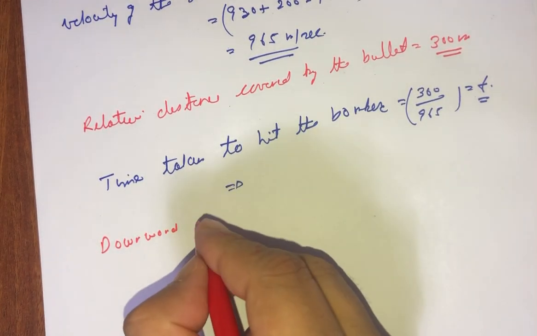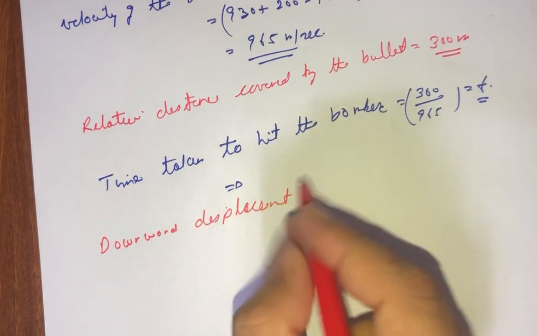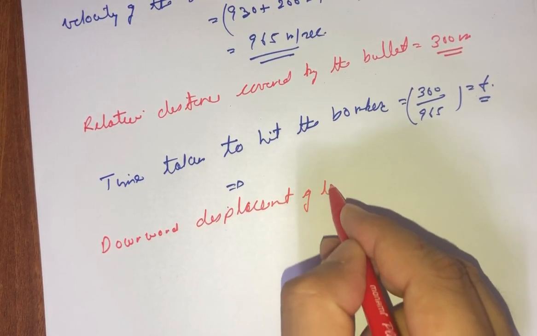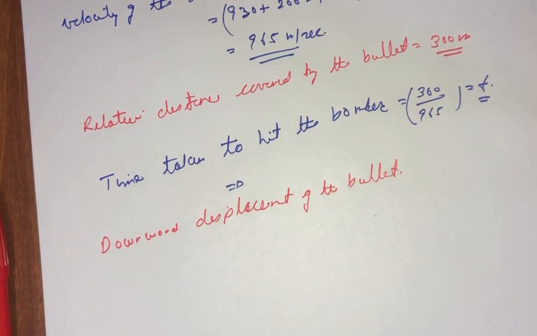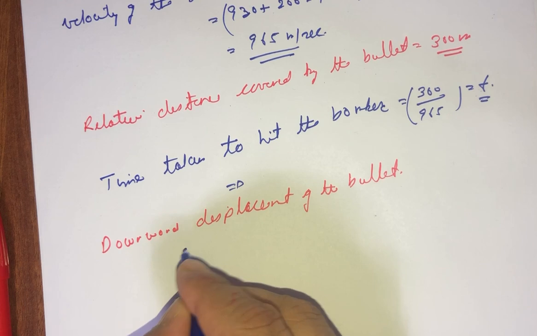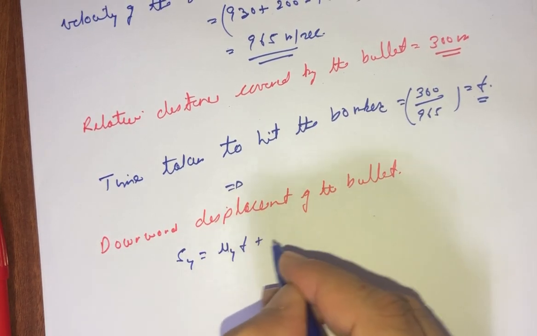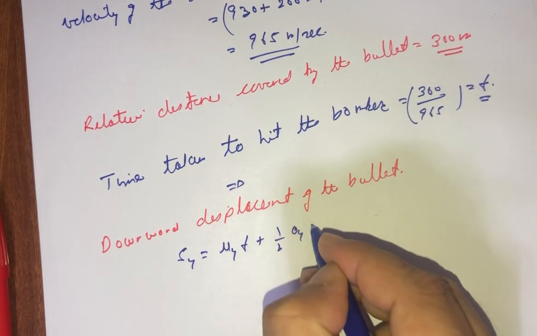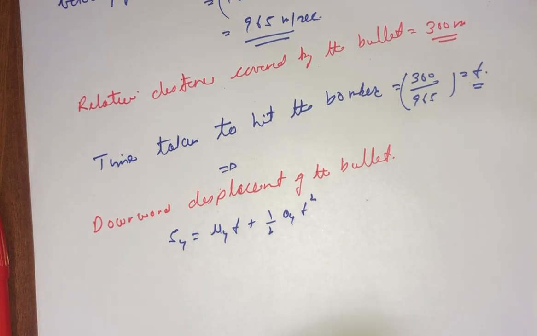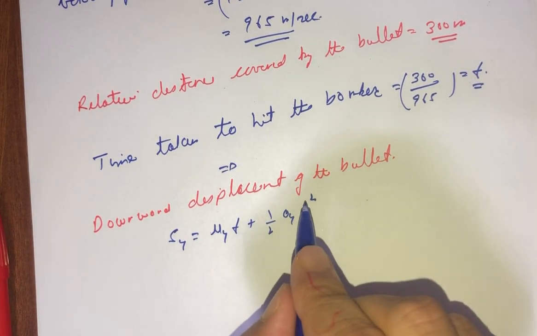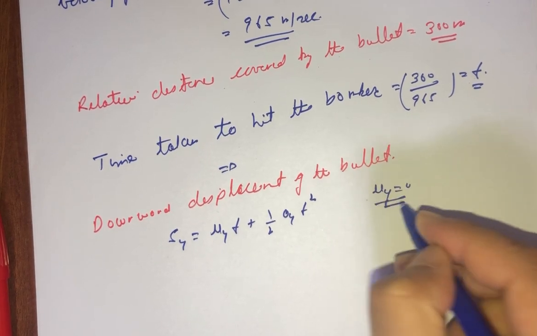We can use the formula Sy is equal to Uy T plus half Ay T square. As the bullet is fired in the horizontal direction, the initial velocity in y is equal to 0.